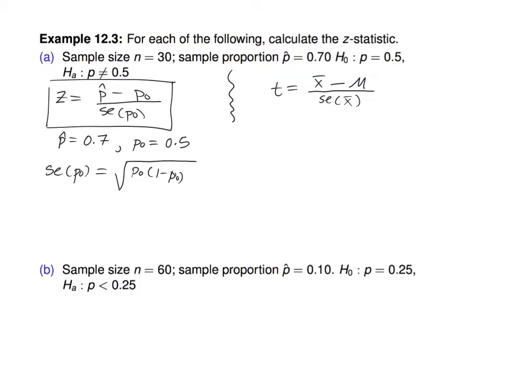That's the one difference. Because you say, if my p naught is this, how strange is that p hat? So in for p naught goes 0.5, 1 minus 0.5 is 0.5, over n, which is 30. This comes out to be 0.0913.